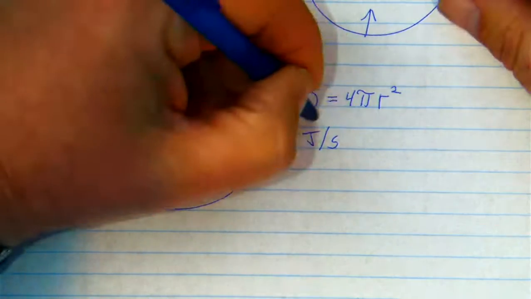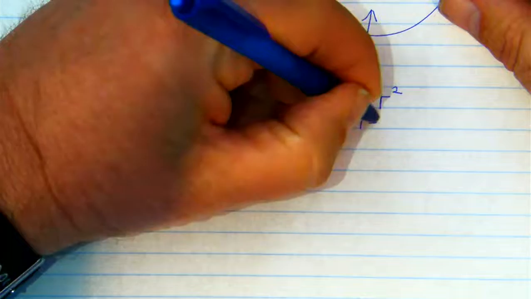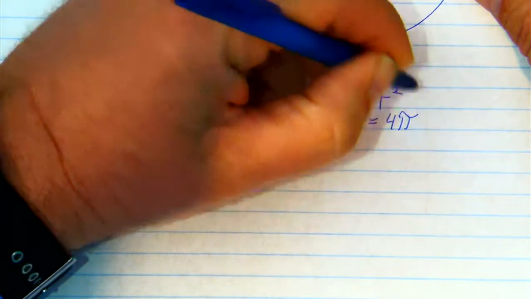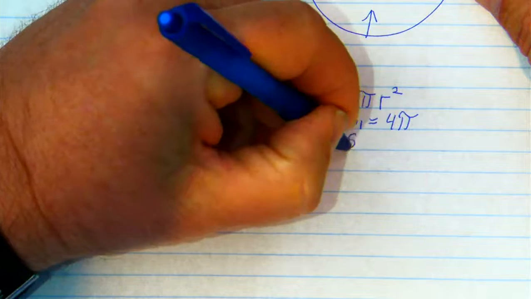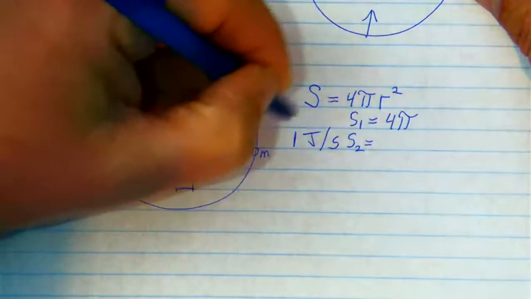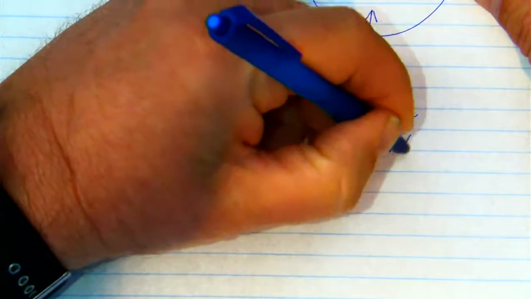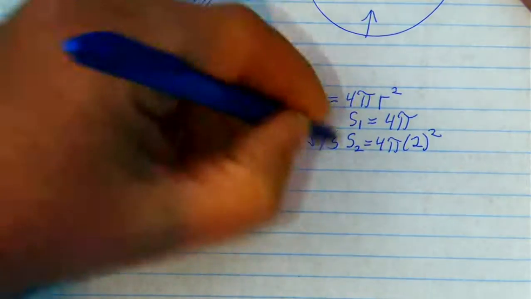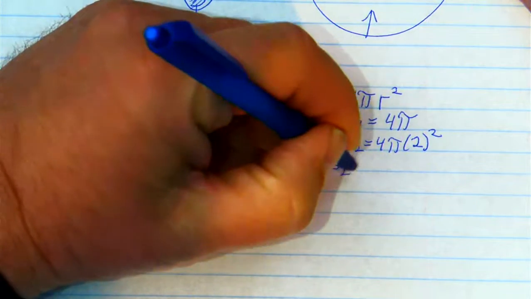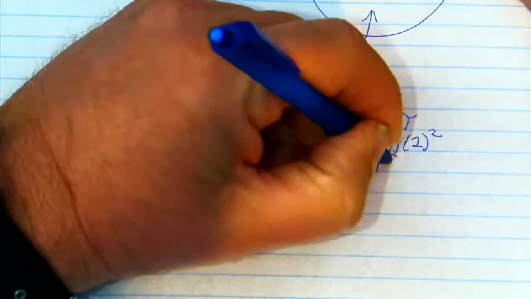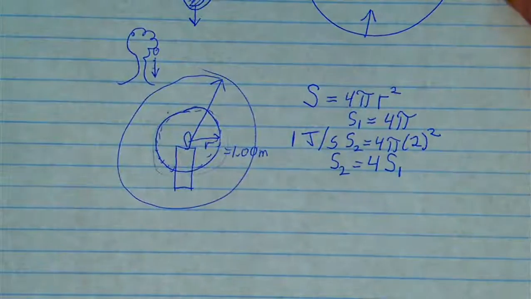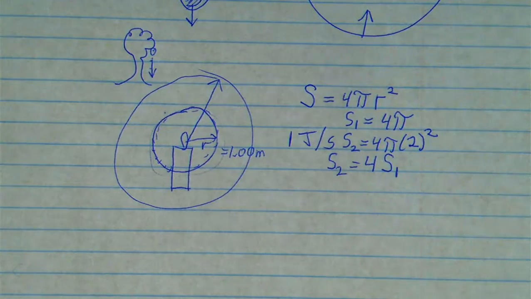So if the first sphere has a radius of 1 meter, the second sphere, if it has a radius of 2 meters, the second sphere would be 4 times the surface area of the first sphere.